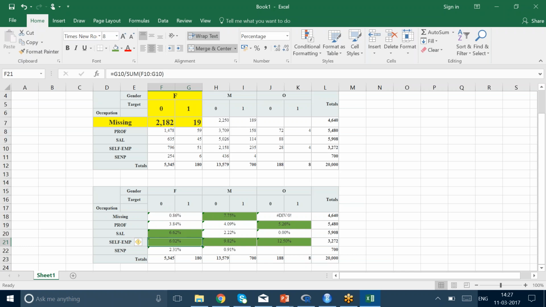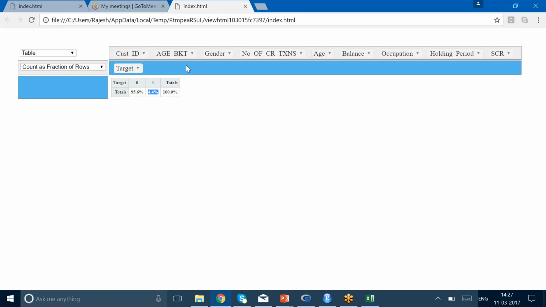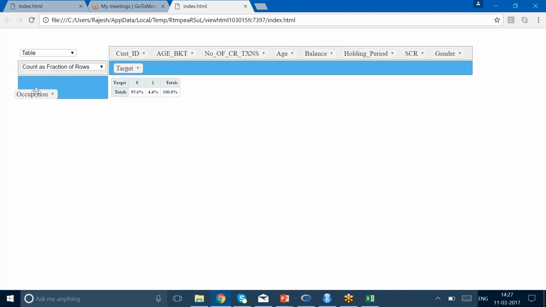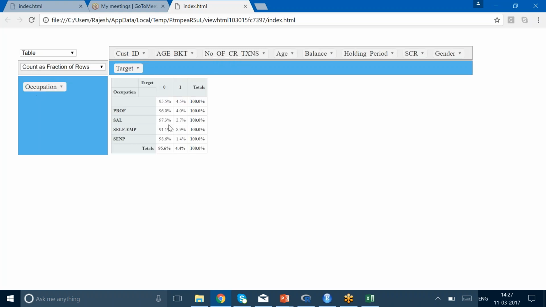See, as a normal human being, we can visualize things in 1 dimension. The 1 dimension is what I showed you like this here. So I can see overall response rate is 4.4, but in male relatively there is higher response. Instead of gender, if I take occupation, this is what we did, and here we saw 8.9 percentage.